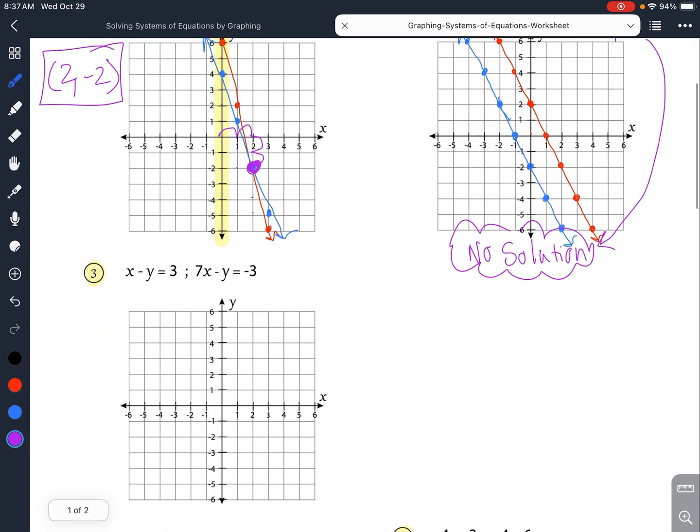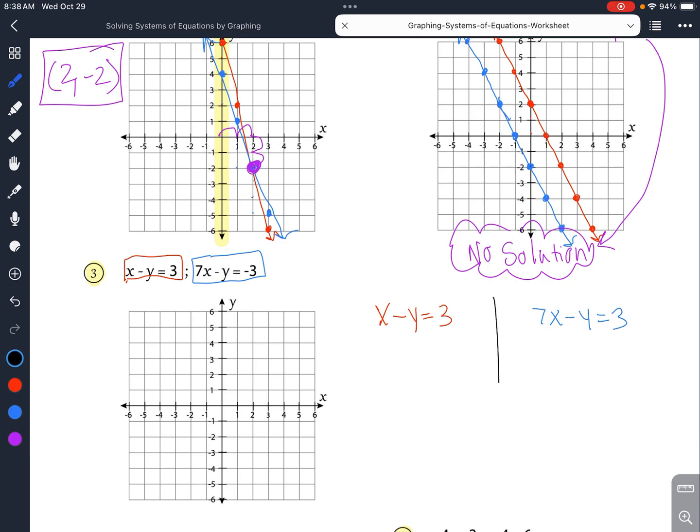Okay, so here in our next example, this equation is not in y-intercept form, and neither is our second equation. So we're going to have to put those in y-intercept form before we can graph them. So we've got x minus y equals 3, and then we have 7x minus y equals 3.